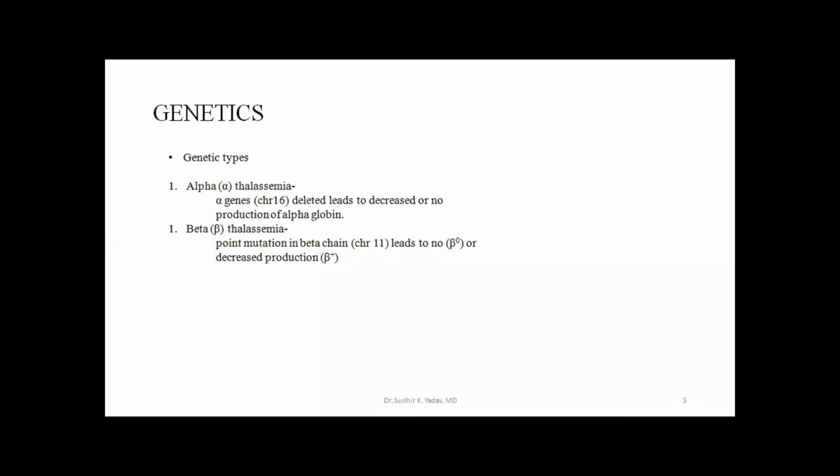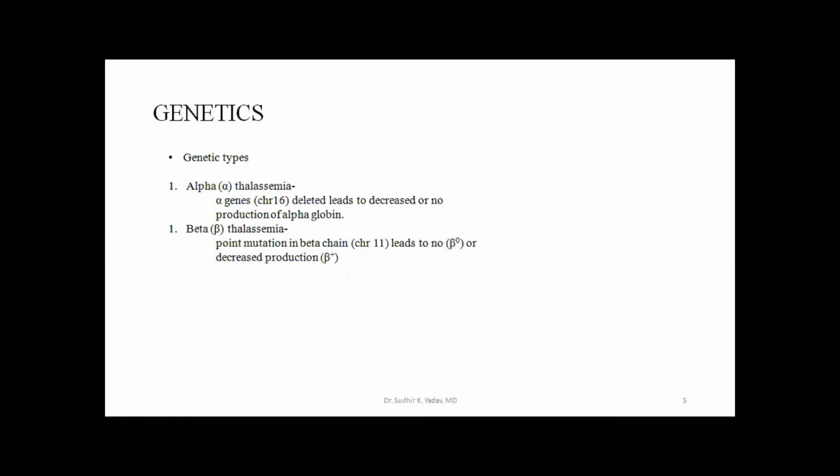And in beta there is point mutation. So you can note here, usually in alpha thalassemia it is deletion which is responsible for alpha thalassemia, while in beta it is usually point mutation which is responsible for beta thalassemia.